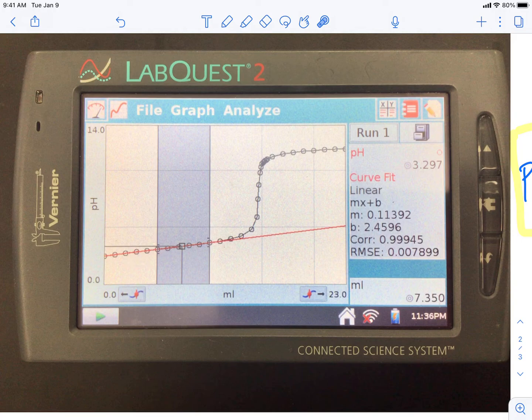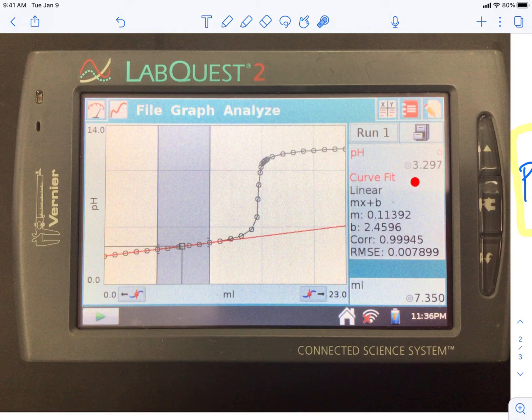So what I did is I selected this darkened region here, and then I drew a line of best fit through here, and again I interpolated, and I got to a volume of 7.35, and at that volume, this is the pH. So again, halfway to the equivalence point, the pH is equal to the pKa.